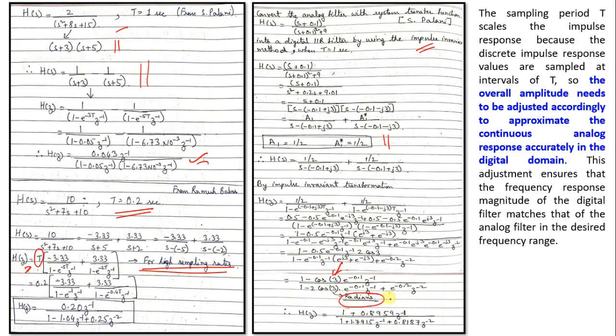Now if you look over here, if you consider it as capital A divided by 1 minus a to the power some factor T z inverse, plus a divided by 1 minus a to the power some factor, where the pole is small a plus jb, here it is a minus jb.